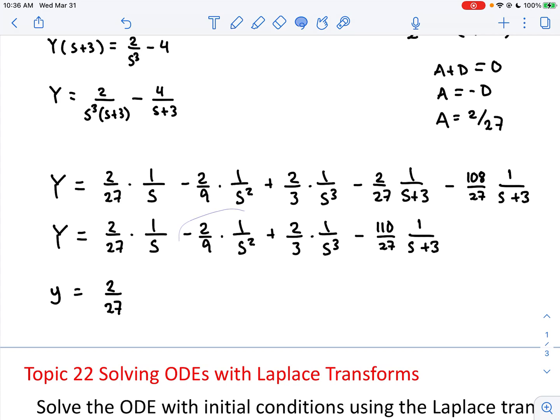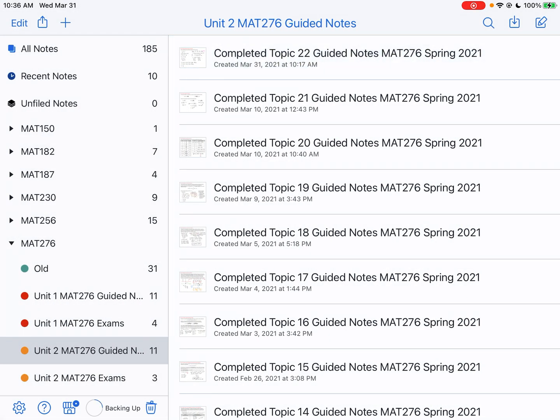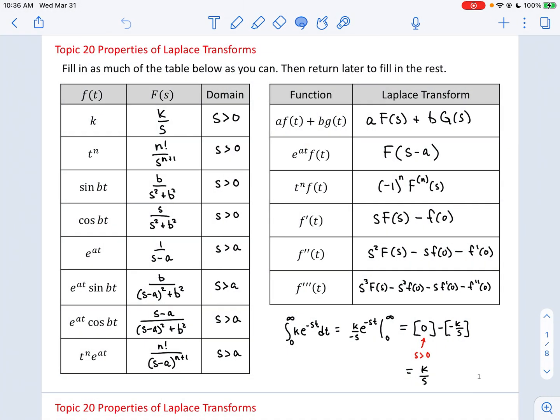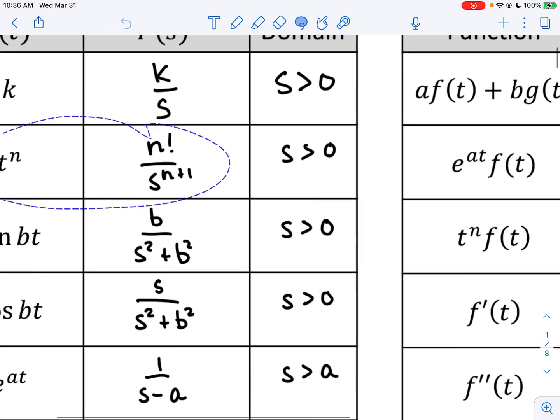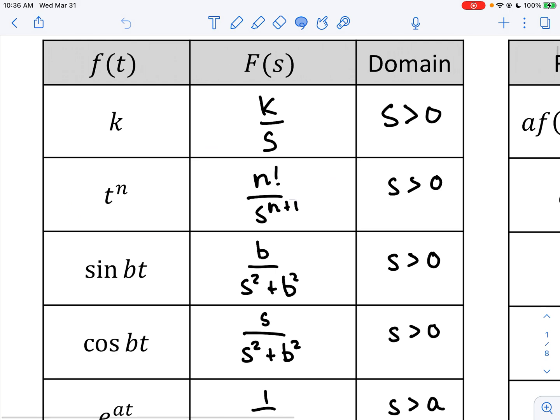Okay, the next one. The next one is a constant times 1 over s squared. So looking back at our table, we want to shift gears down to this one because we have s to a power. And if we want this to be s squared down here, then n has to be 1, which means we need a 1 factorial up here. So in other words, just a 1.